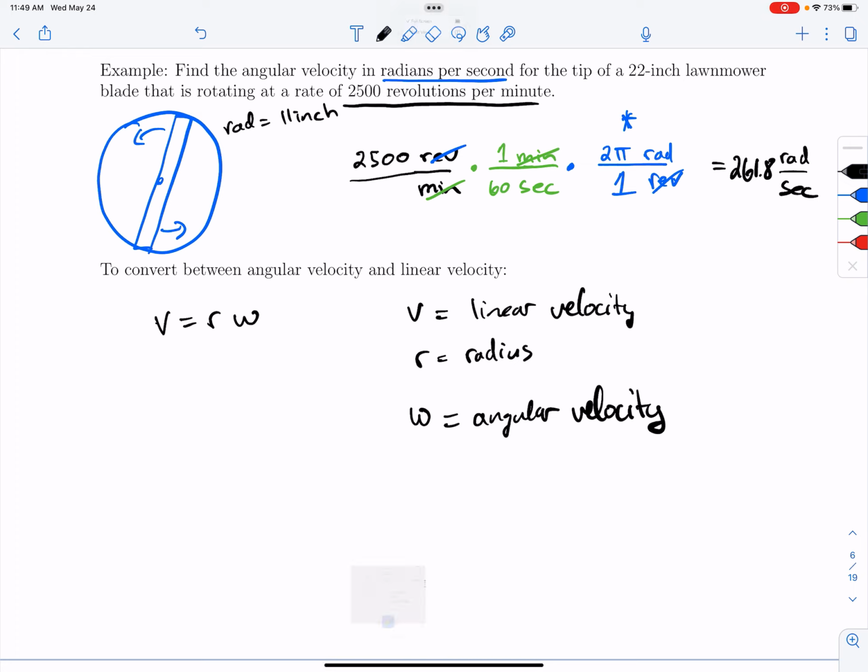Now, if I wanted to convert this 261.8 radians per second into a linear velocity, I can just use this formula here. I'm looking for a linear velocity, so v. The radius here was 11, and the angular velocity was 261.8 radians per second.